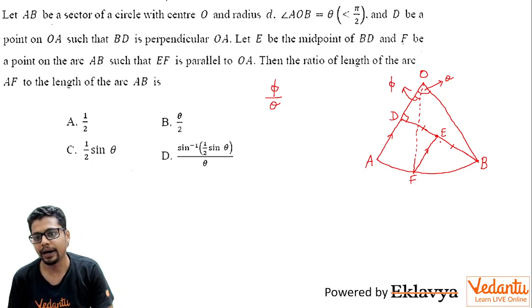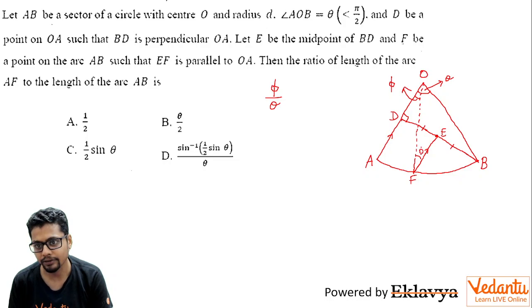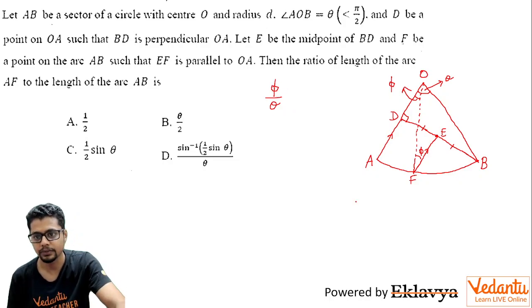Since OA is parallel to EF, if this angle is phi, that means angle AOF is phi, then angle OFE would also be phi. So if I can get phi, then when I take its ratio with theta, that's what I want, because ultimately the length of arc AF would be phi d, where d is the radius, and the length of arc AB would be theta d, where again d is the radius. So the ratio is essentially phi by theta.